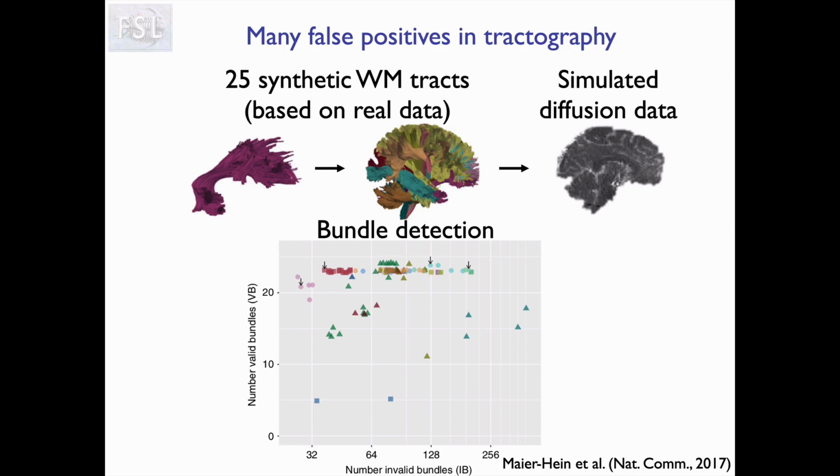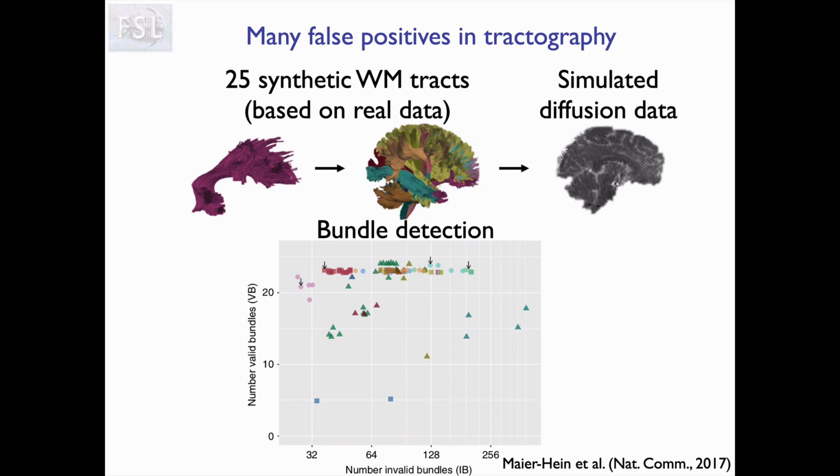A very nice example of the false positive connections that you can get between gray matter regions due to these ambiguities that we saw earlier was done in this study by Klaus Maier-Hein, where they basically generated a fake diffusion MRI dataset, which was very much brain-like in that it consisted of 25 white matter tracts which were extracted from real data, but the simulated data only contained these 25 tracts.